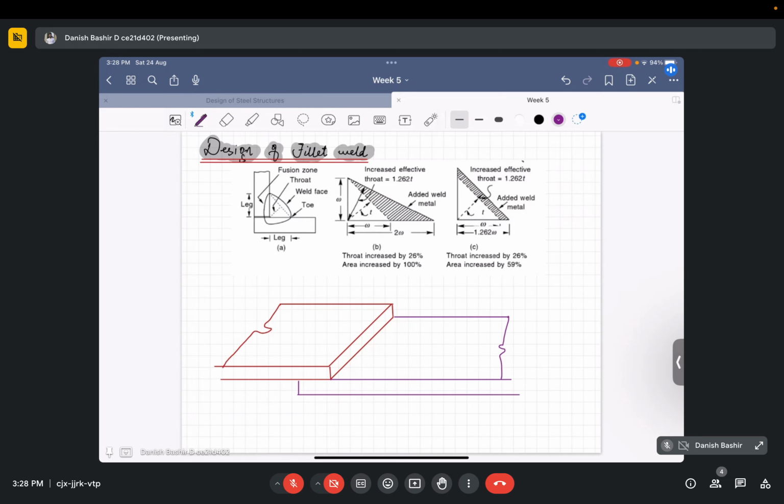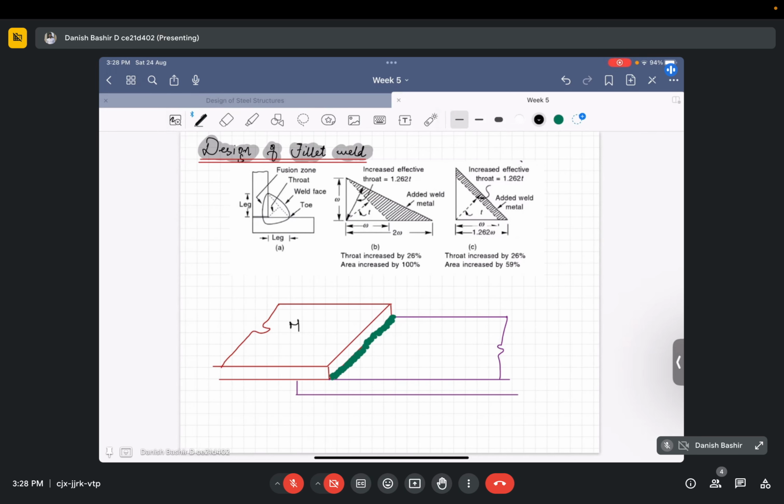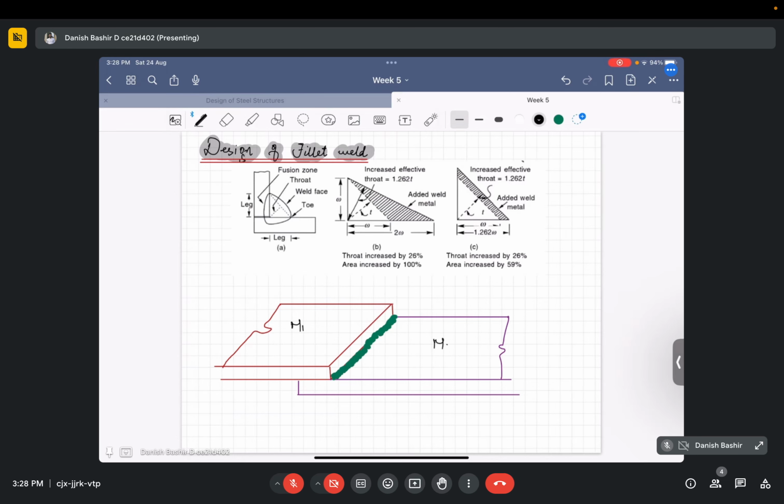Same, there is weld being put here. So for me this is member one, M1. This is M2. These are overlapping members, and I am putting this as fillet weld.